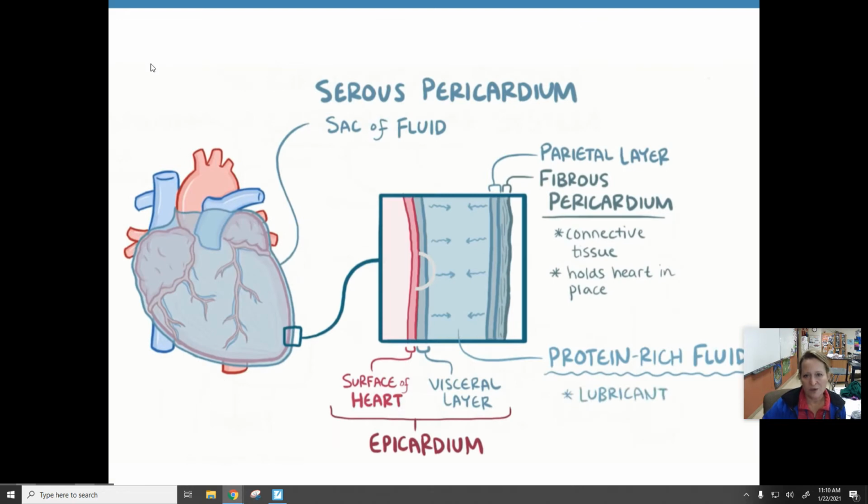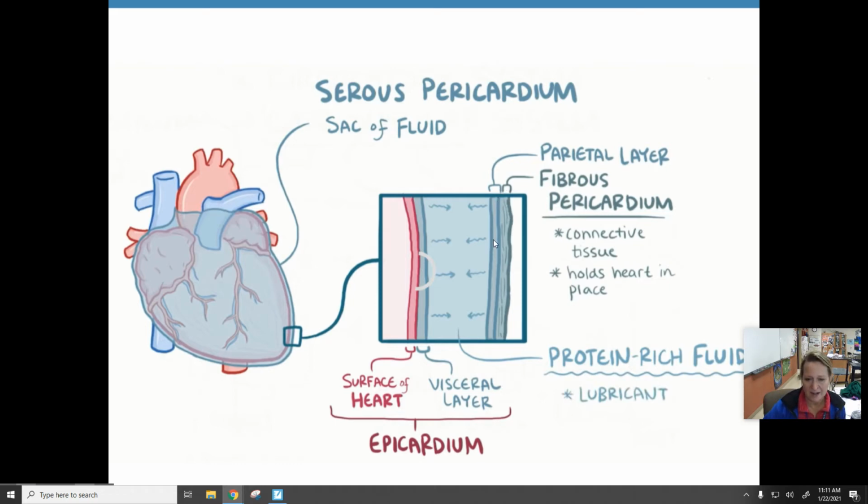The heart is surrounded by a pericardium. So the pericardium is a sac of fluid, which we talked about before. Its role is to decrease friction. The way that it is constructed is that we have a fibrous connective tissue that holds the heart in place and provides some strength to that fluid being surrounded.